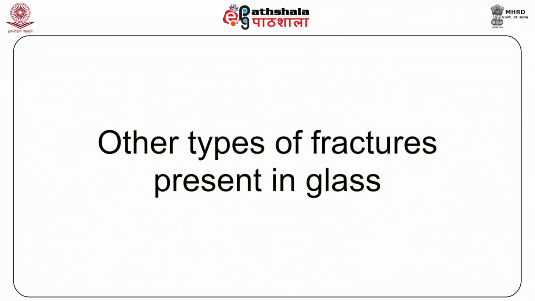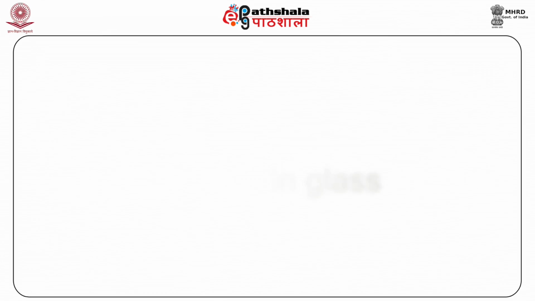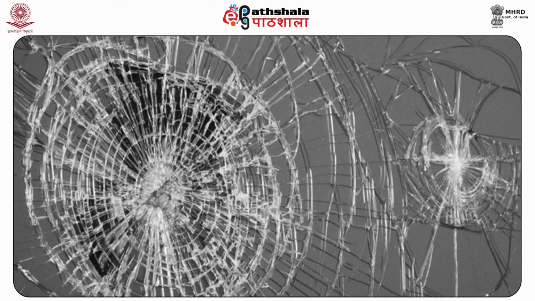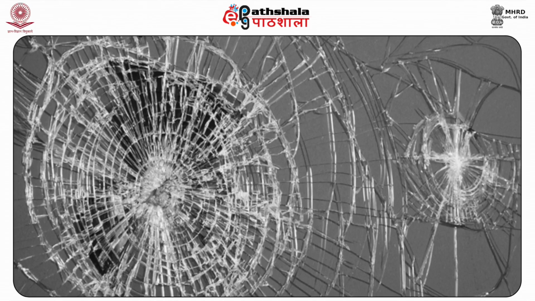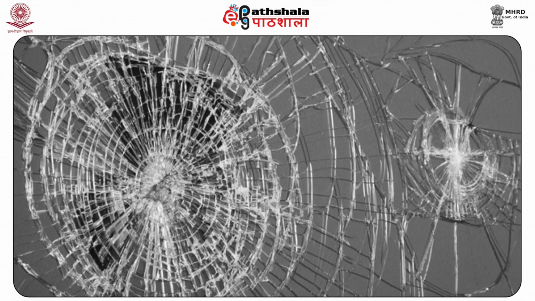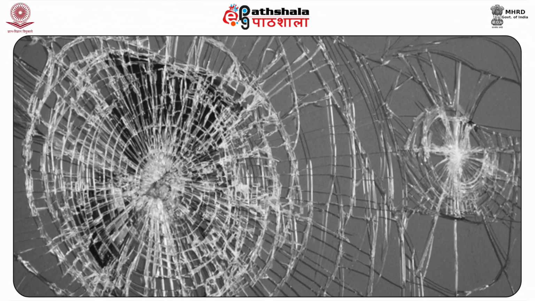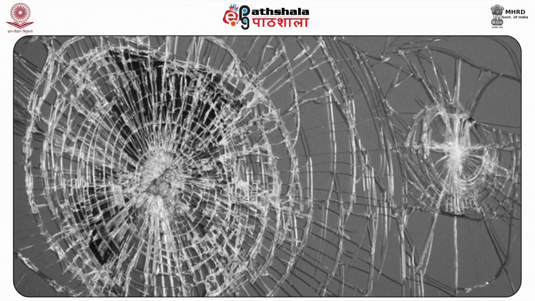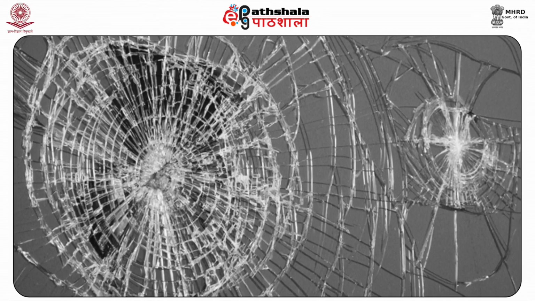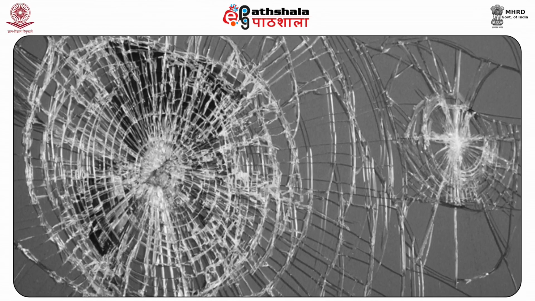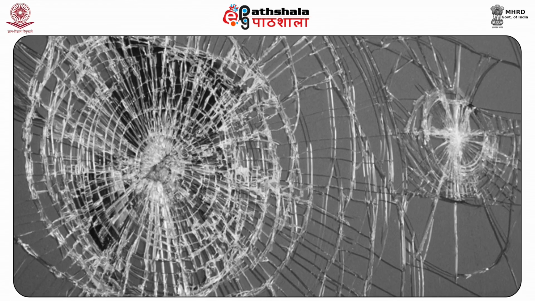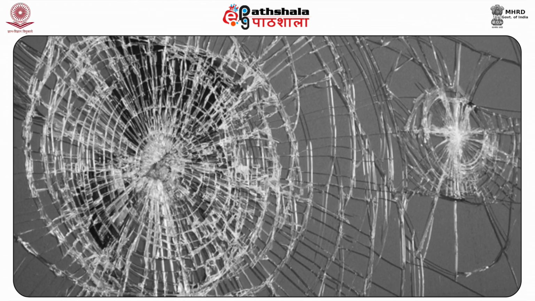Other types of fractures present in glass. Low velocity impact fractures. Low velocity projectiles produce cracks in the glass which radiate outwards from the point of impact, called radial cracks. If a pane is firmly held on all sides, concentric cracks can form around the point of impact.